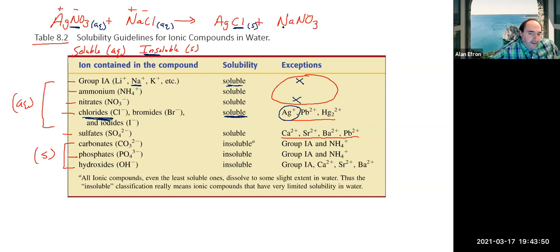And when I come over here, I see sodium like we talked about before, soluble, no exceptions, going to be aqueous. So an earlier question was, how do we know what everybody's going to be? That's how we know. We can use these solubility rules to determine what is going to be a solid and what's going to be aqueous. Any questions on that?